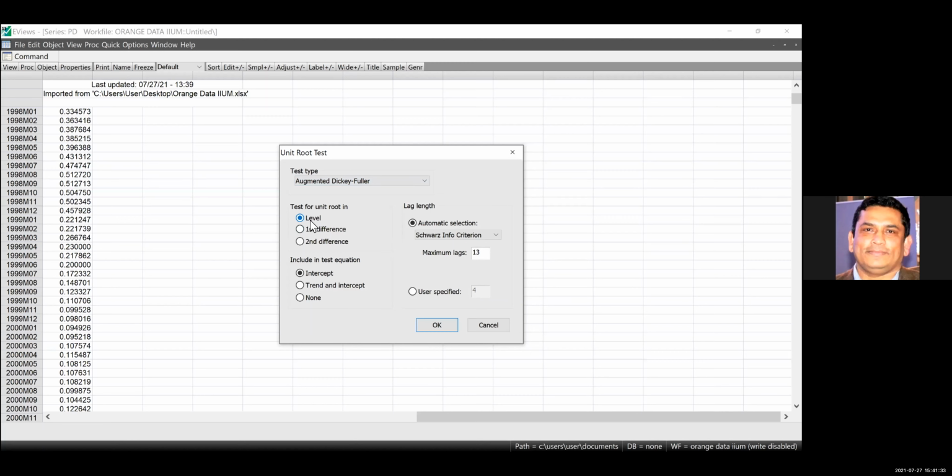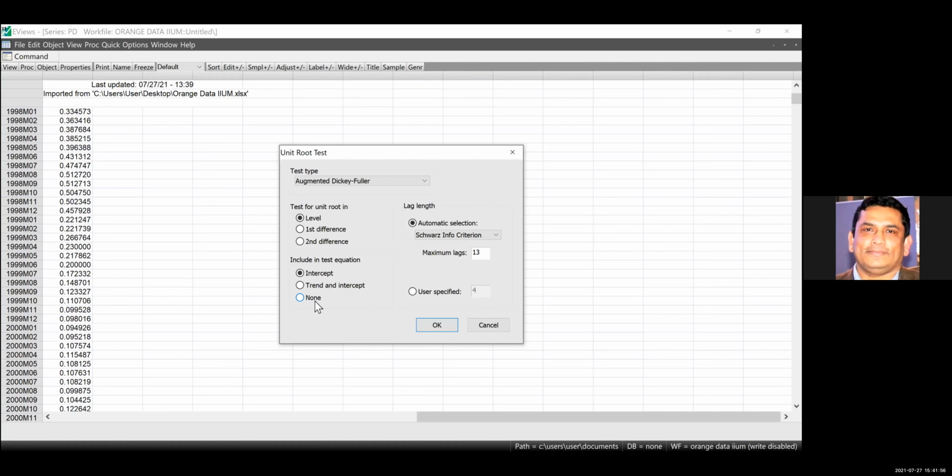For example, level value, and then you can use the drift or the intercept, or the trend and drift values, or the none. How do you understand whether you should use intercept, trend, or none? At the initial stage, you can plot your data and see whether the data actually follows any trend.